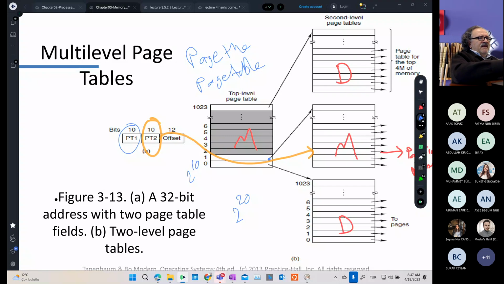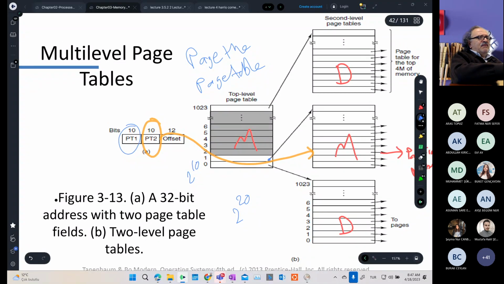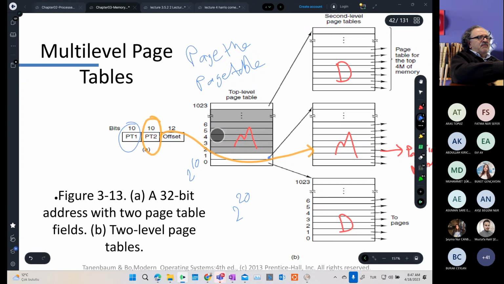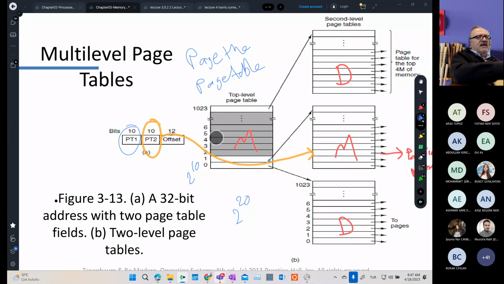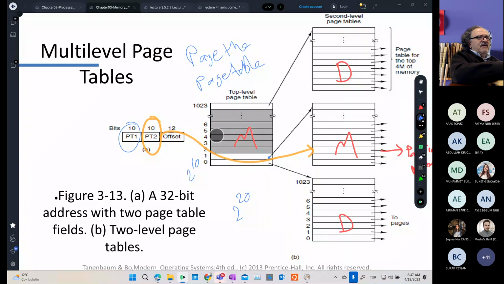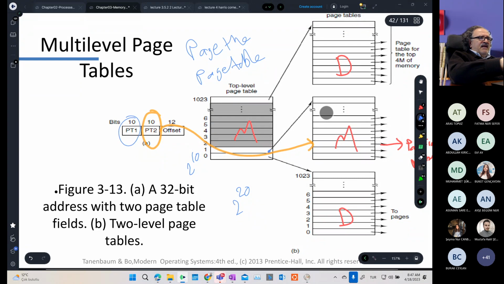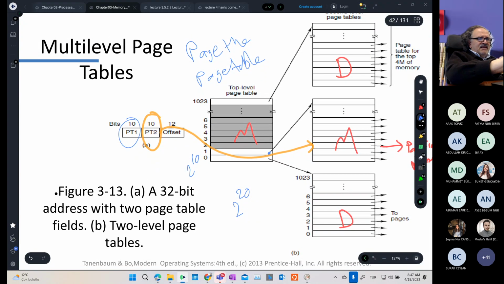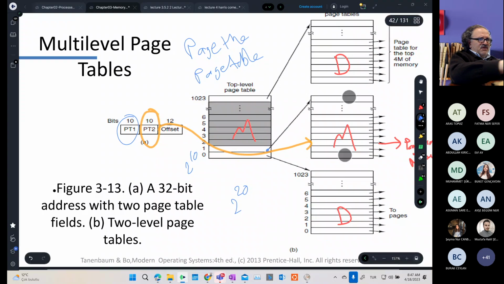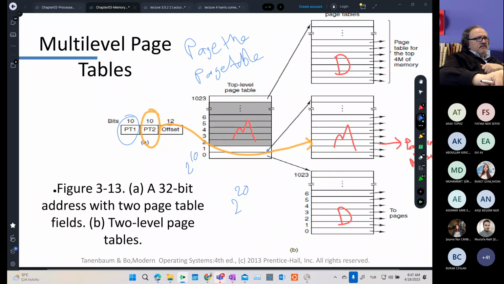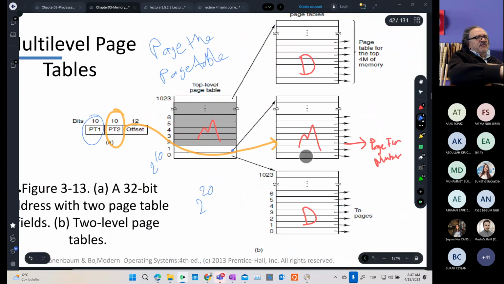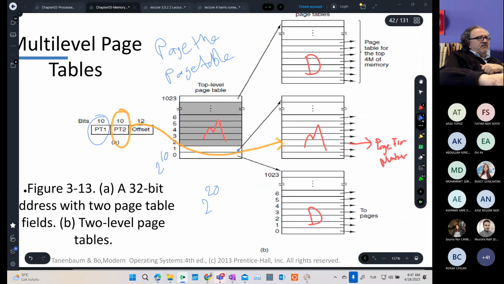If the page that I am looking for is in this page table, then I find the address of the actual page table somewhere in the memory. I take the next 10 bits and use that as an address for this one, and this one will give me the real page frame number.